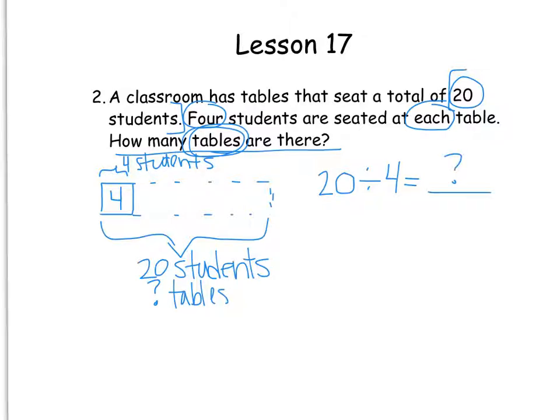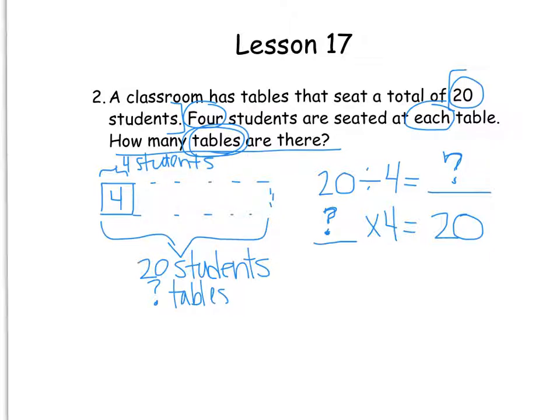And my multiplication would be blank, because I don't know how many groups. So blank groups with 4 in each group equals 20 altogether. The unknown, or the question mark, that I have in both equations represents the number of groups.